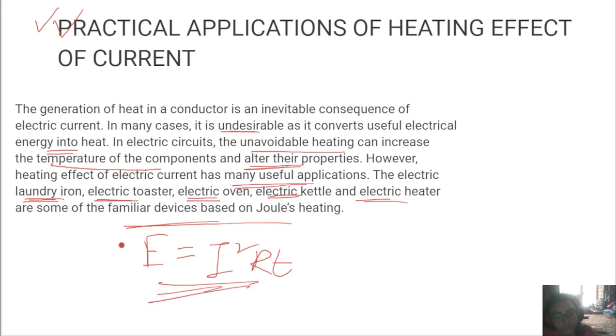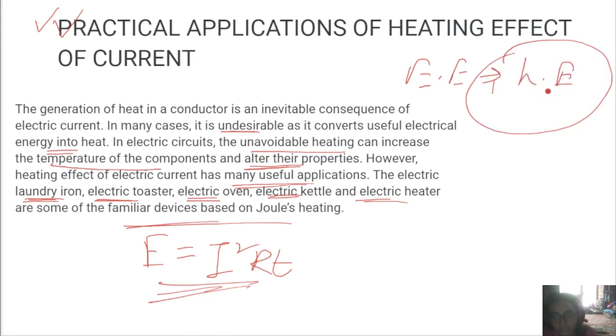And now you know how these appliances have the electrical energy getting converted into heat energy directly. So here the heat energy is the main thing, right? That's why the amount is so much more, because here the total amount of current through the circuit is being converted into heat energy, as opposed to the previous case where it was just the dissipated heat.